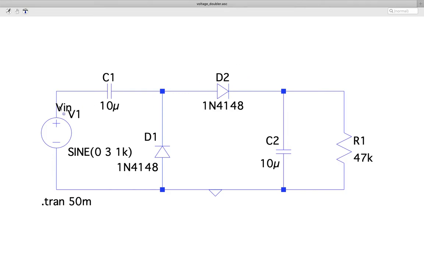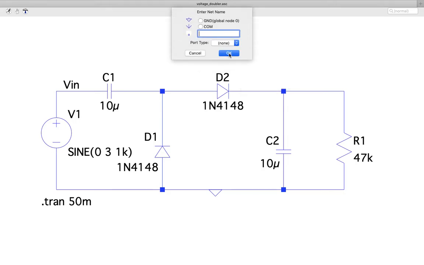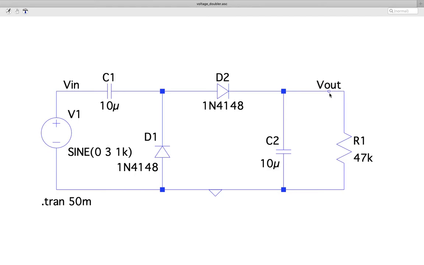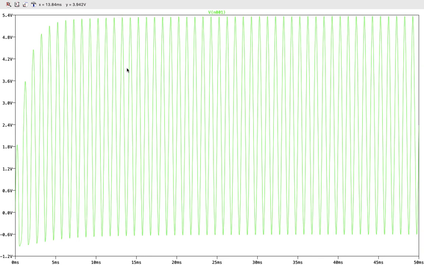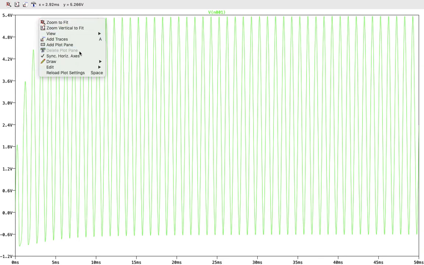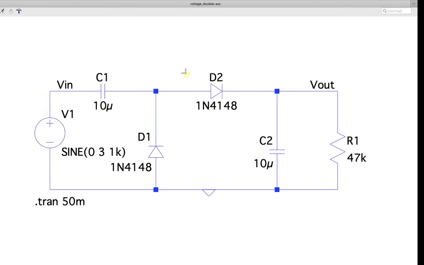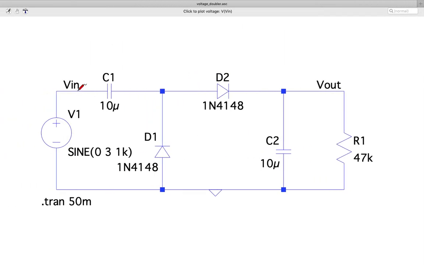This is my V in, and just drop out. So just name these two nodes V in and V out. Again, do the simulation again. So just plot V in and V out.